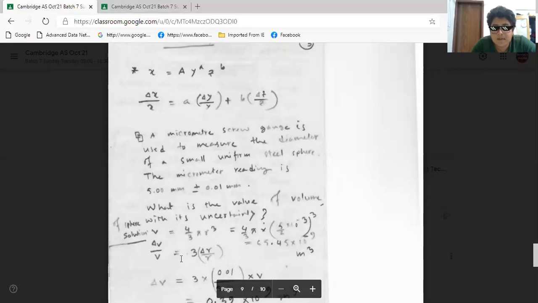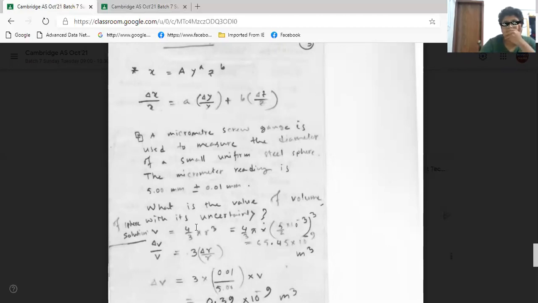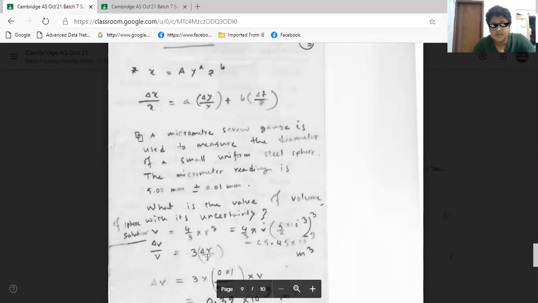When we are measuring del V by V, we have 4 by 3 pi, these are constants, so we are not taking them in our calculation. For fractional uncertainty, we are taking only the radius. The radius is r to the power 3, so 3 will come, then del r by r.